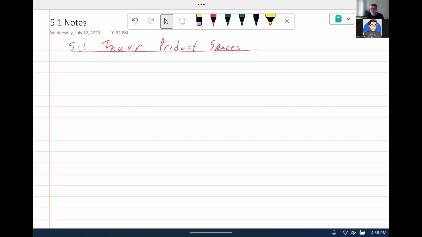Okay, let's go over what we already should know about product spaces. They're not called product spaces in the math that comes before this. What they're called is basically the dot product. This is one way to multiply two vectors together.